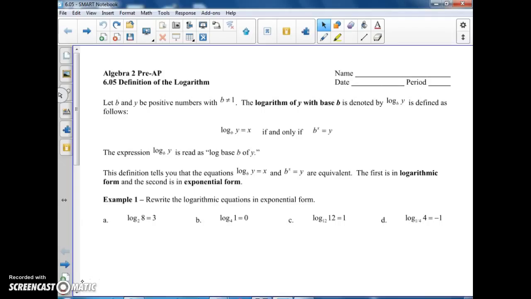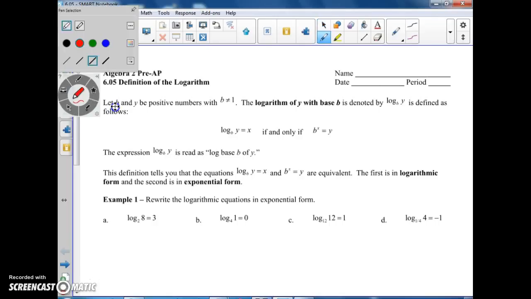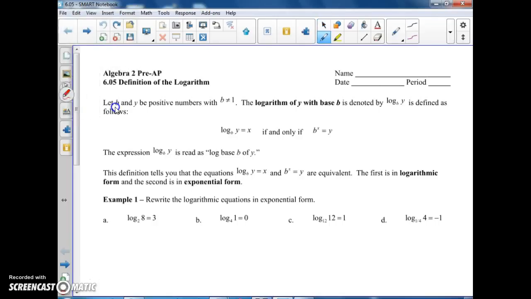Look what it says up here. When you have b and y, and b is not equal to 1, the logarithm of y with base b is written like this.